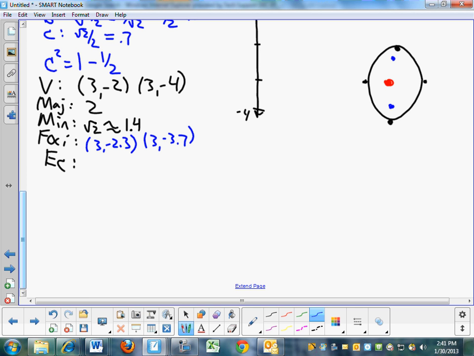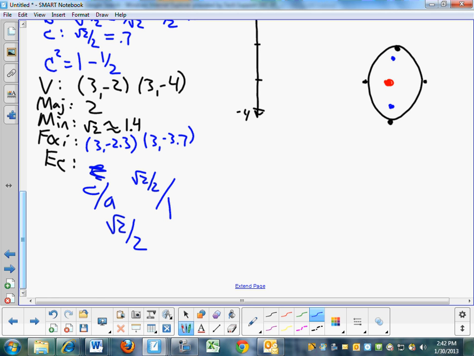The eccentricity value. How do I calculate it? C over A. The C value is the square root of 2 over 2. What is the A value? 1. Square root of 2 over 2. That's it.